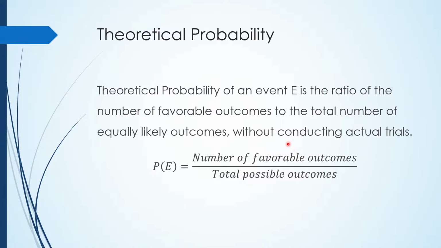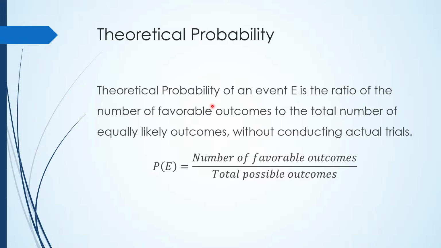Let's look at the theoretical probability. The theoretical probability for the event is under the assumption that every possible outcome has an equally likely chance to happen, and we base our calculations off of that. You don't need to see a coin flip, and you don't need to see a dice roll.